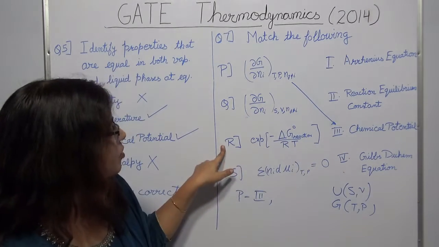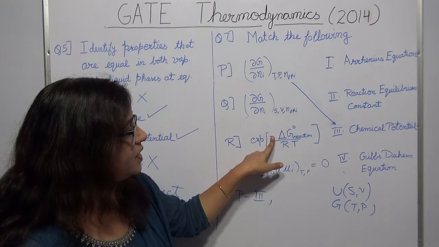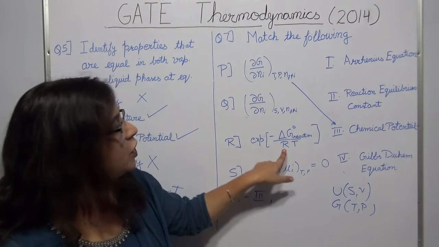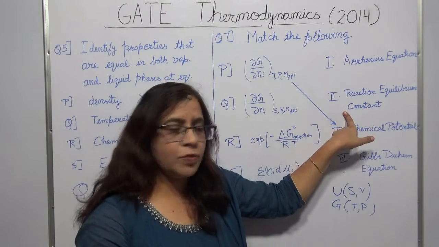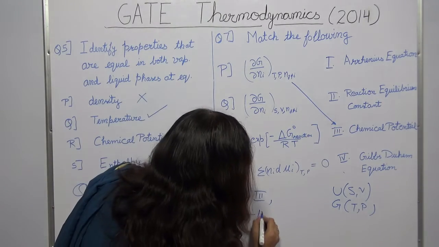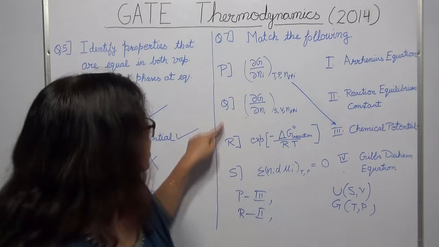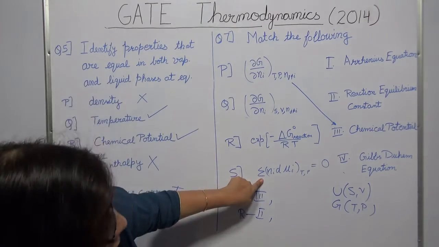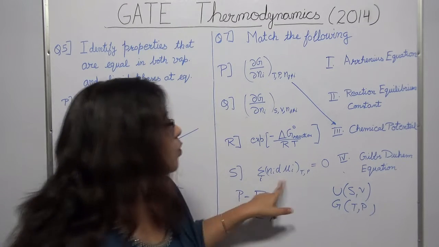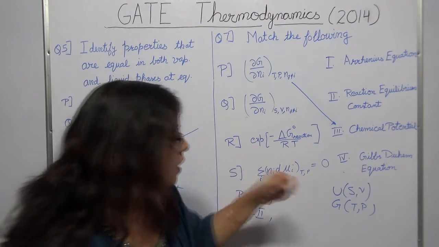Now let's see option R. It is exponent of minus delta G0 upon RT. This is nothing but your reaction equilibrium constant. So let's match R with 2. What else? S. What is this? Summation over i, Ni d mu i at constant temperature and pressure, that is equal to 0.